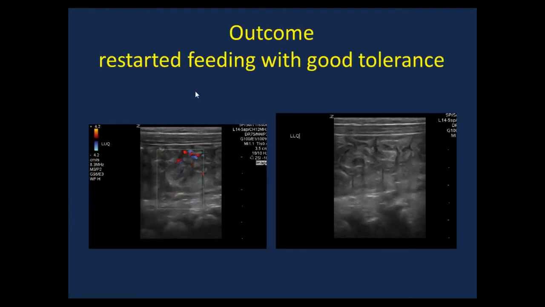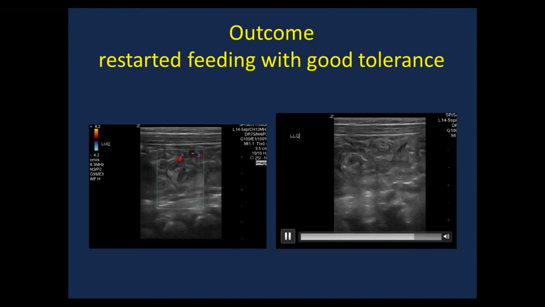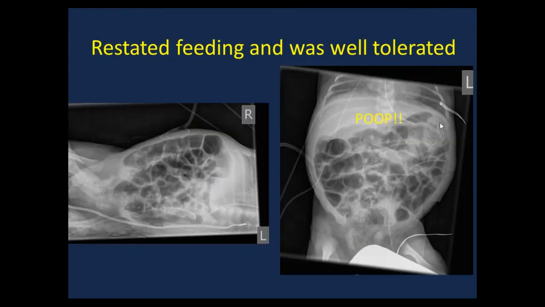So we restarted feeding with good tolerance. So this area of concern was just stools, and you have air bubbles in the stool which make the area appear like pneumatosis. That's not true pneumatosis.